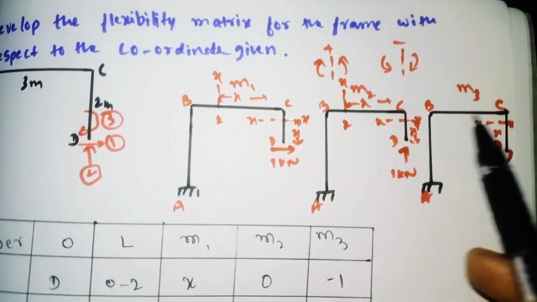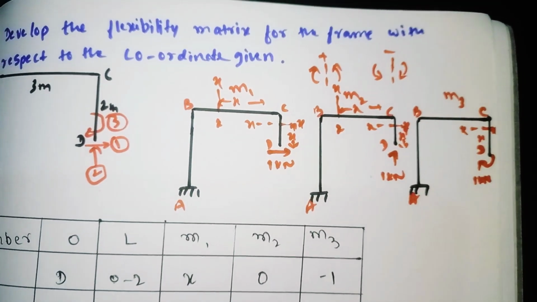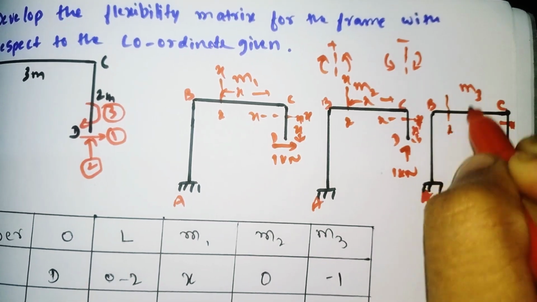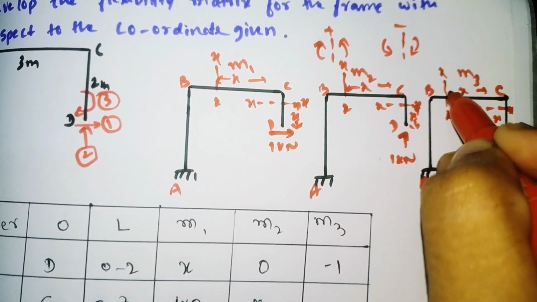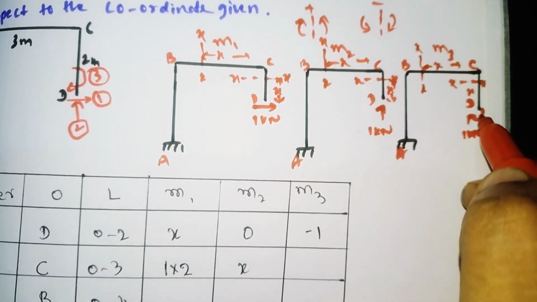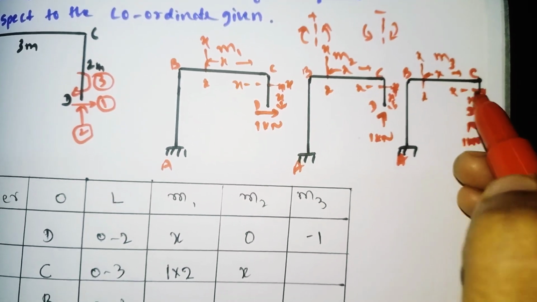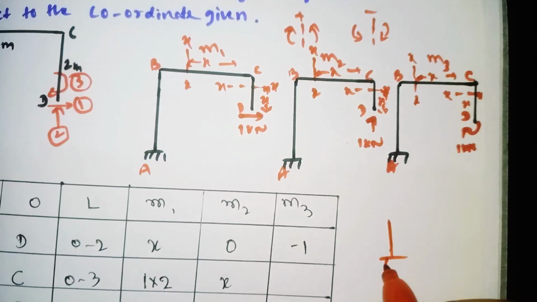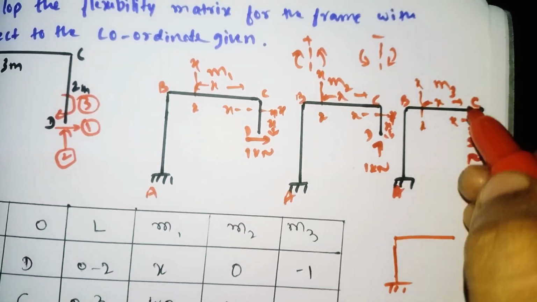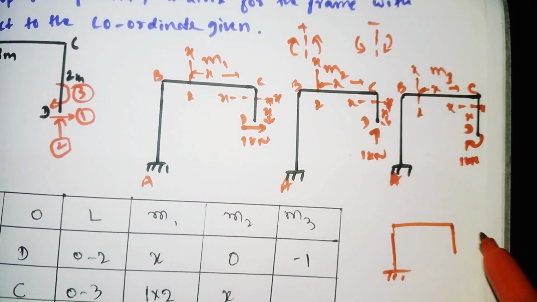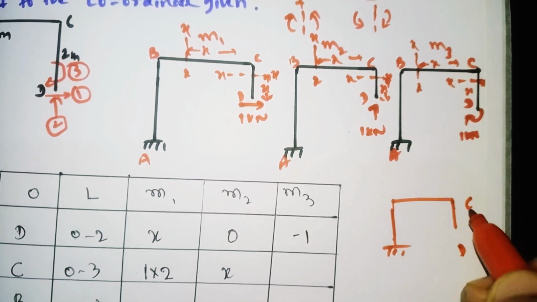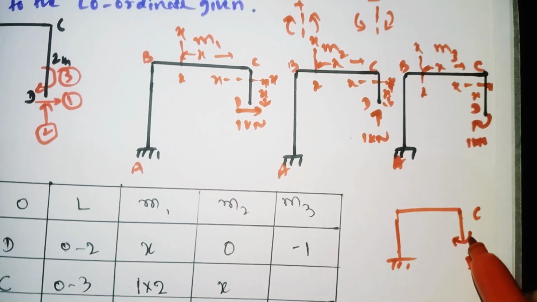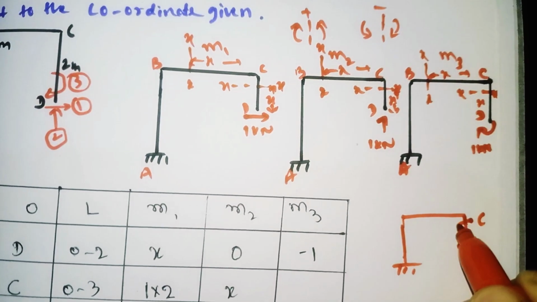Similarly for this CB, if you cut the section at a distance of x from the origin C like this, what happens is this rotation comes here. I will show how the movement transfers from here to here. For this CD, it is 1 kilonewton acting at point D. If it comes at point D, it acts like this.